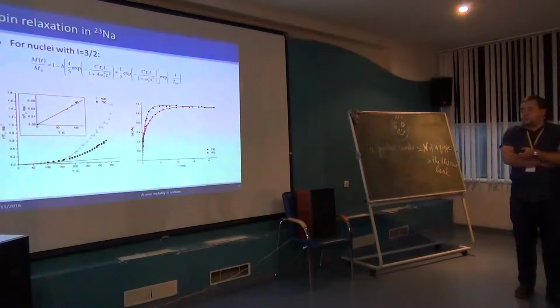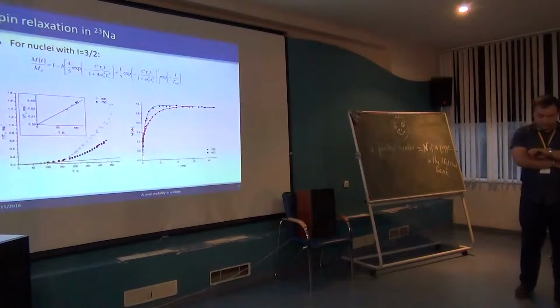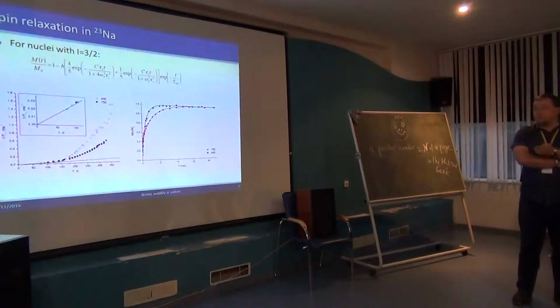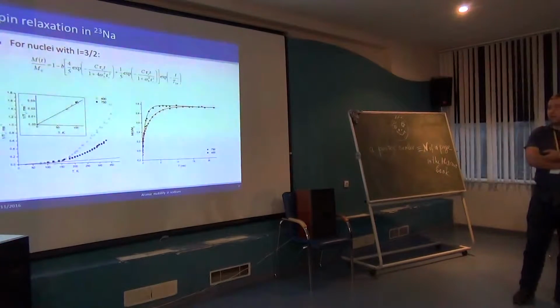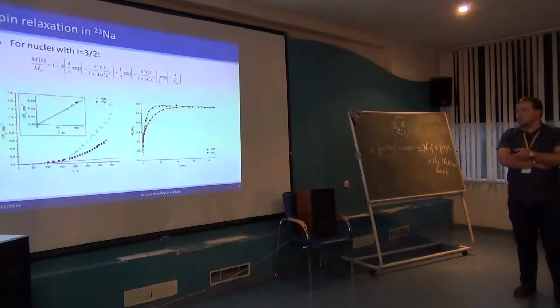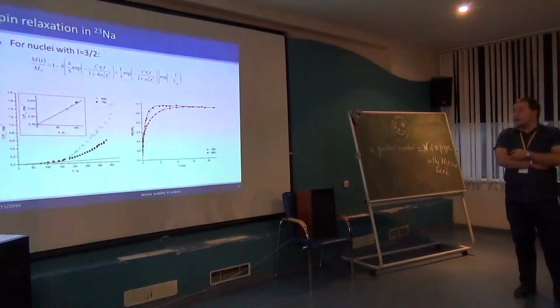In order to investigate the atomic mobility of sodium, the following approximation was used. It's known that magnetization recovery of nuclei with spin equal to 3/2 could be expressed by the following formula.